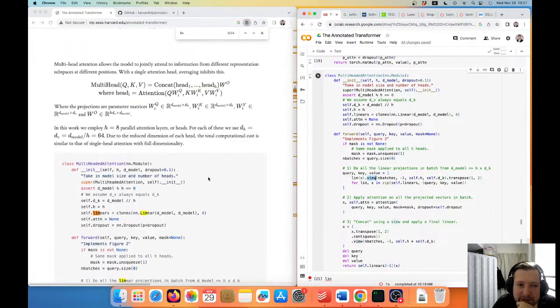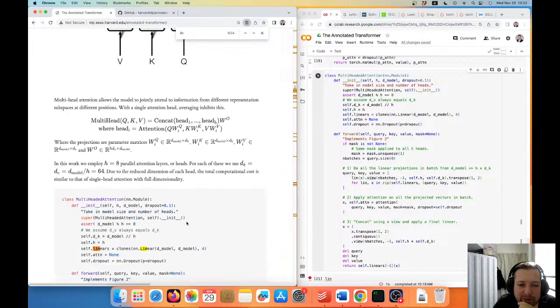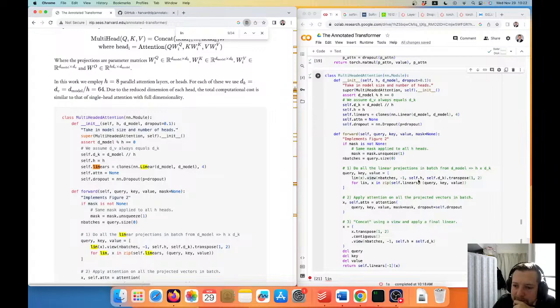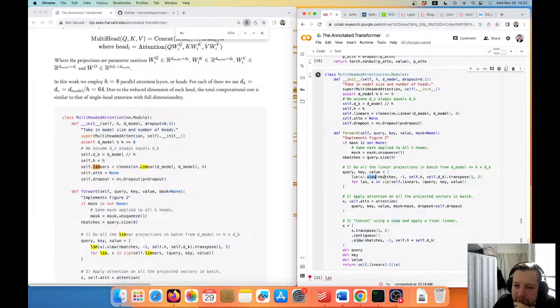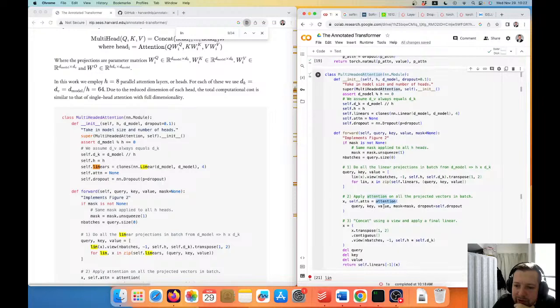Okay, so it does these linear transformations, which is essentially just giving it parameters to do these weight matrices here. Do this for all of them. And then do the attention with query, key, value.